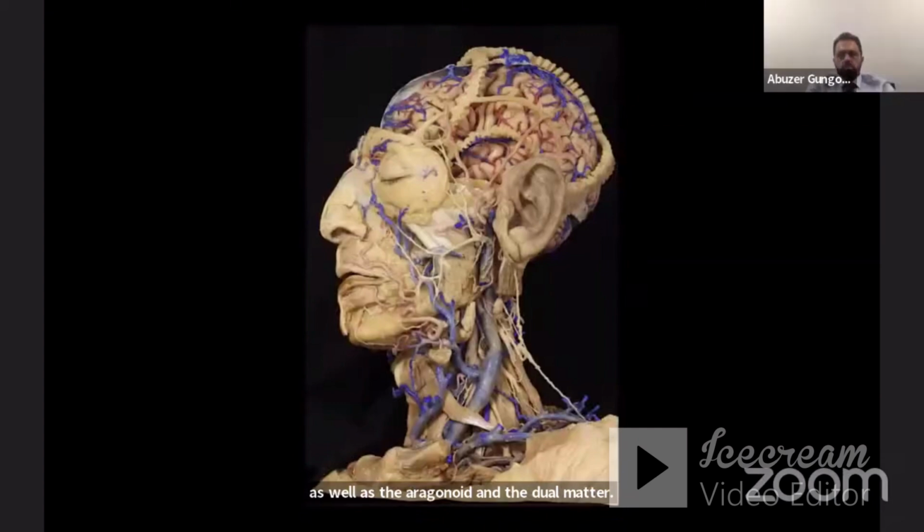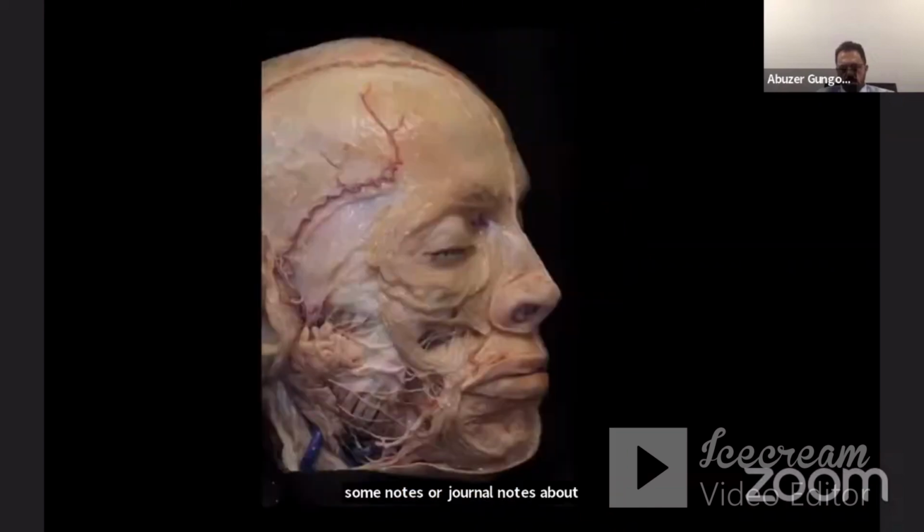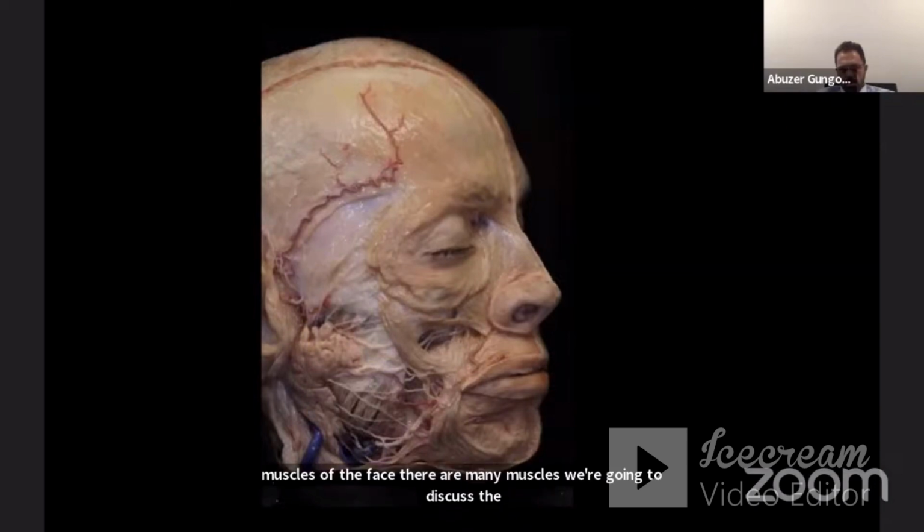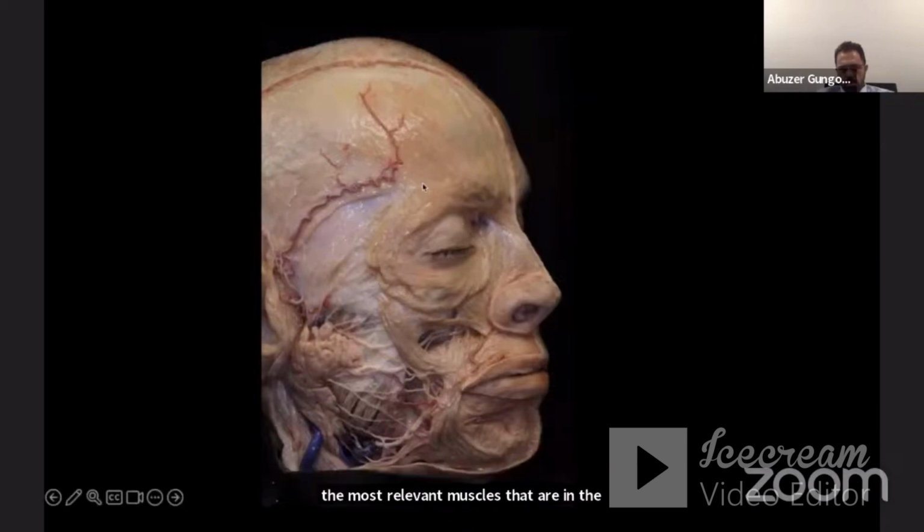Now we're going to start with some journal notes about the facial anatomy. The muscles of the face, there are many muscles. We're going to discuss the most relevant muscles that are in the superficial plane. This is the frontalis belly of the fronto-occipitalis muscle, which has a frontal and an occipital belly.